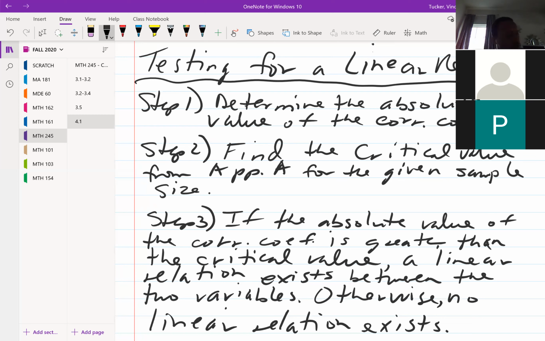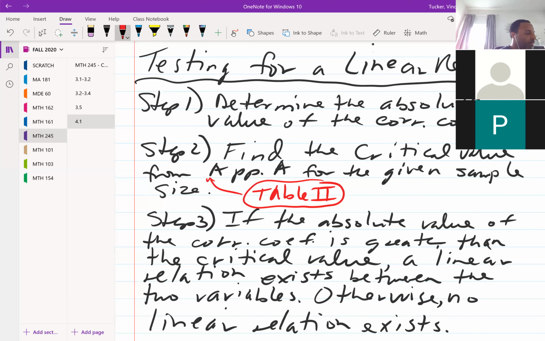It's table 2 in appendix A, for the given sample size. If I can find a copy of that, I'll shoot it to you in Canvas and in an email.